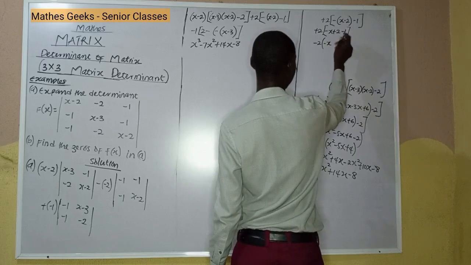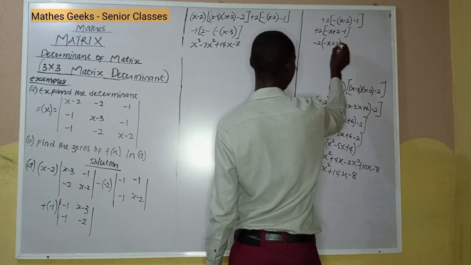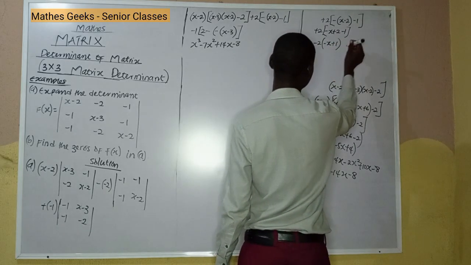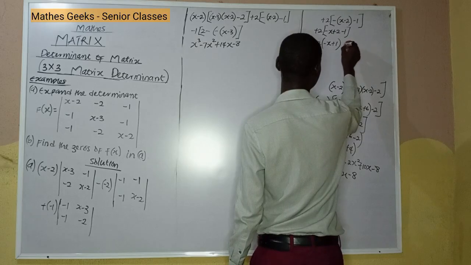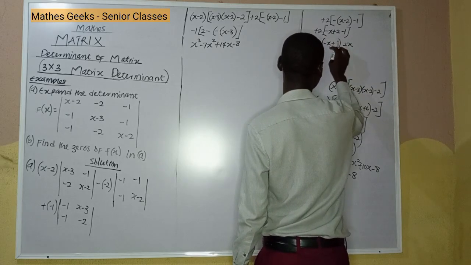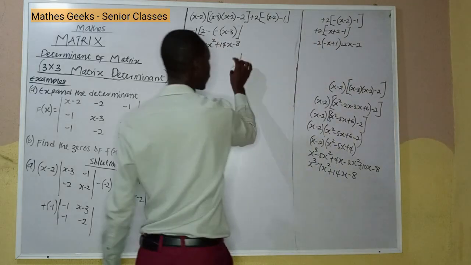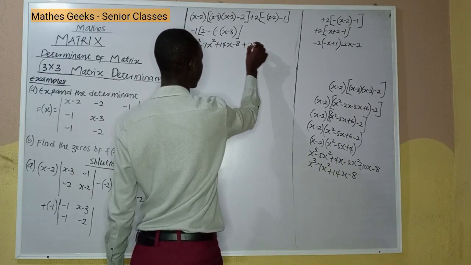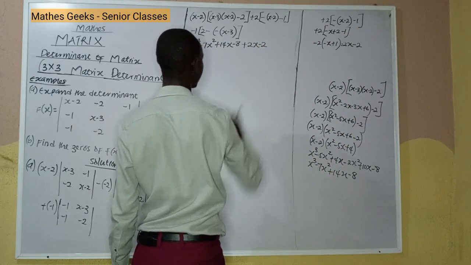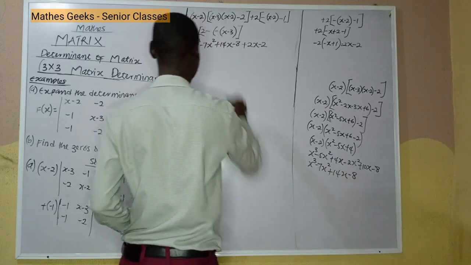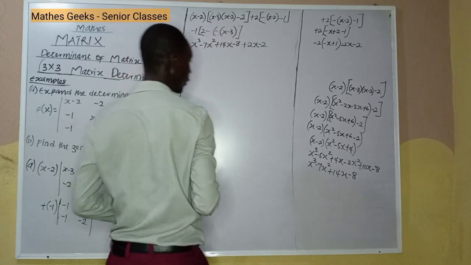Minus x plus 2 minus 1 is plus 1. So we expand: minus 2 times minus x is plus 2x, minus 2 times plus 1 is minus 2. So this gives us plus 2x minus 2. Finally, let's simplify this other part.